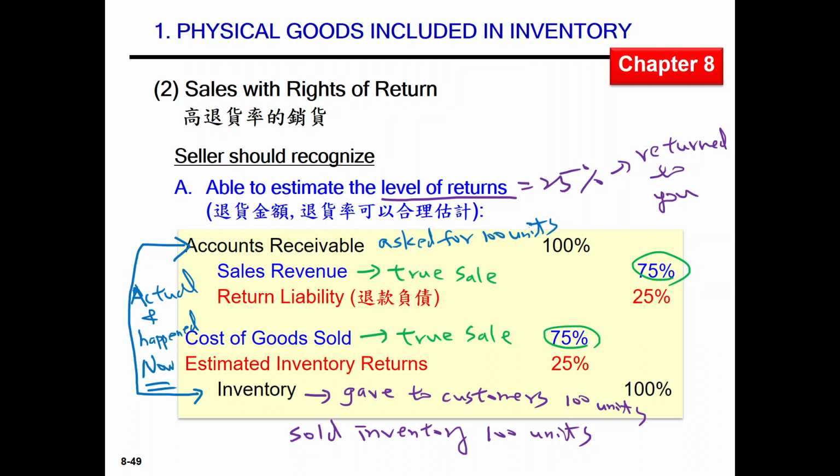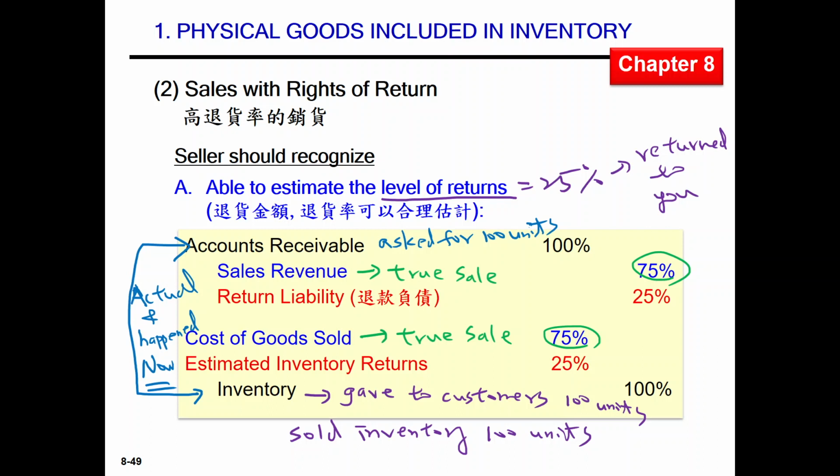If in the future inventory returns from customers, what will you get? Inventory, right? If customers return 25% of the product to you in the future, then in the future you will get inventory. So actually, estimated inventory returns is our inventory, but it's for the future. If in the future customers return inventory back to you, our inventory will be increased.